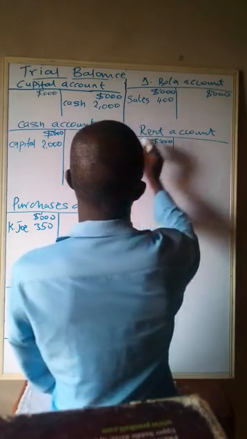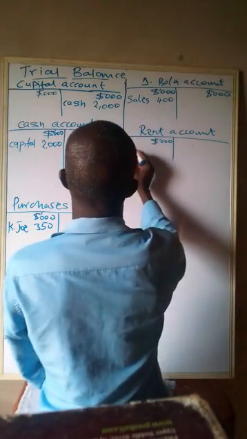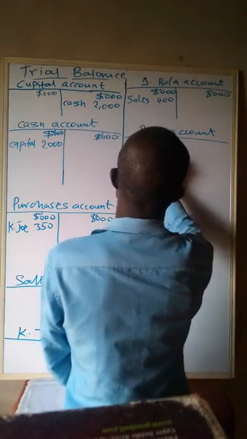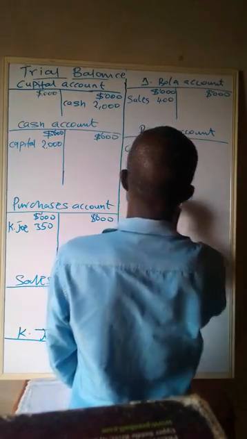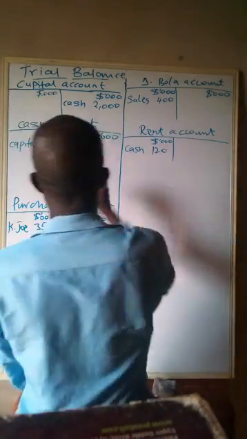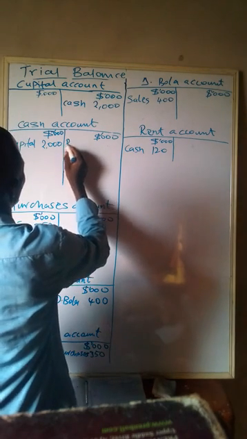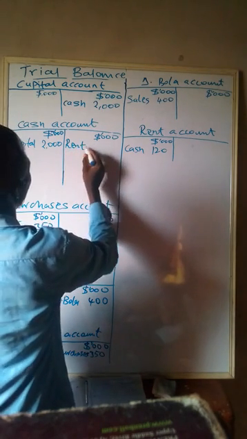You debit rent, and the credit goes to the cash account. Pay rent $120,000 by cash. So you credit cash, and the corresponding entry here is cash.